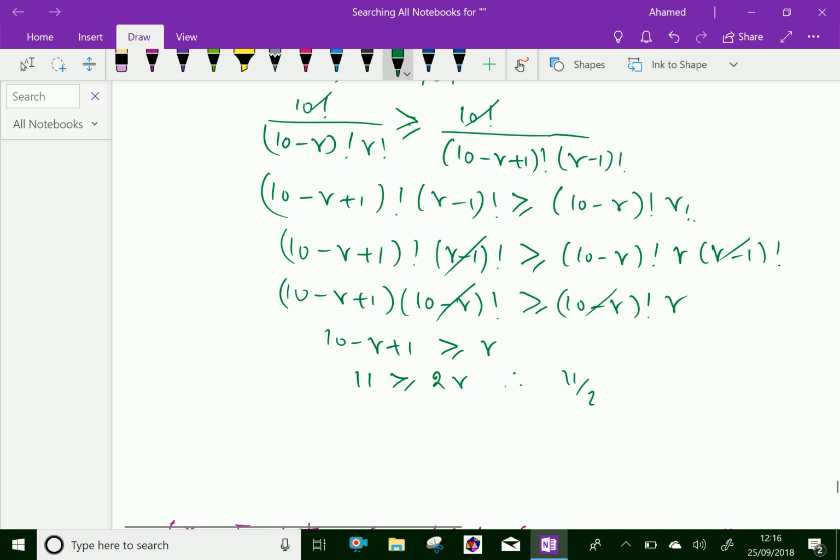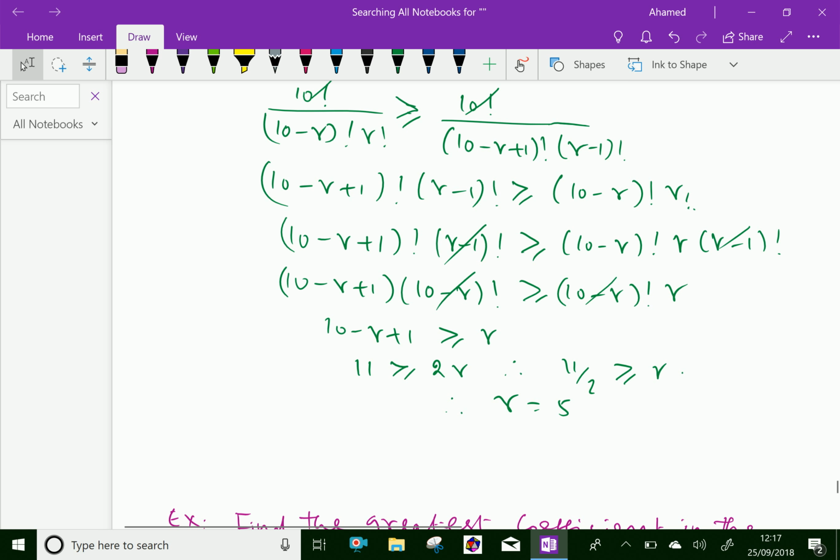Hence, up to the value of r equal to 5, the coefficient is continually increasing. The greatest of them is given by r equal to 5.